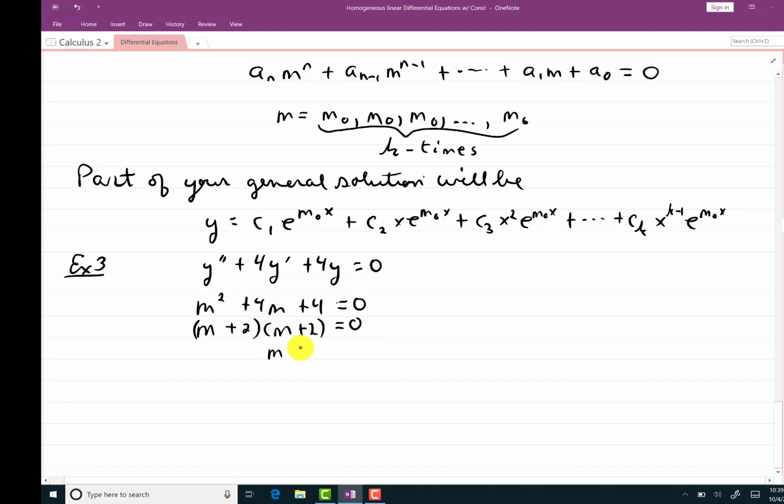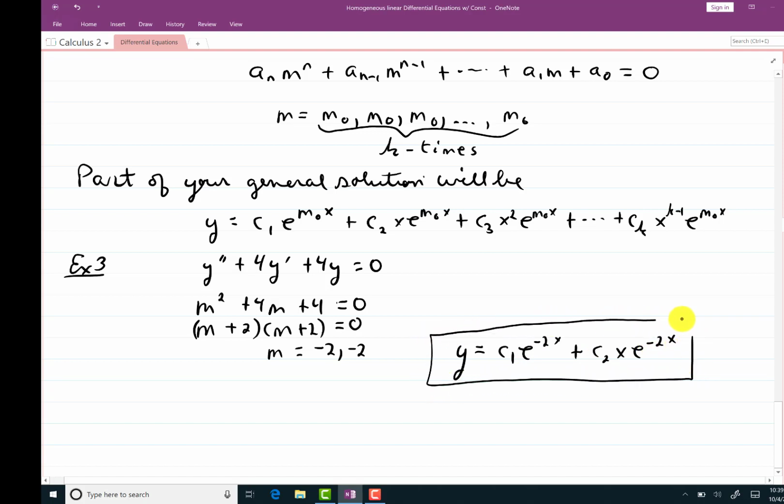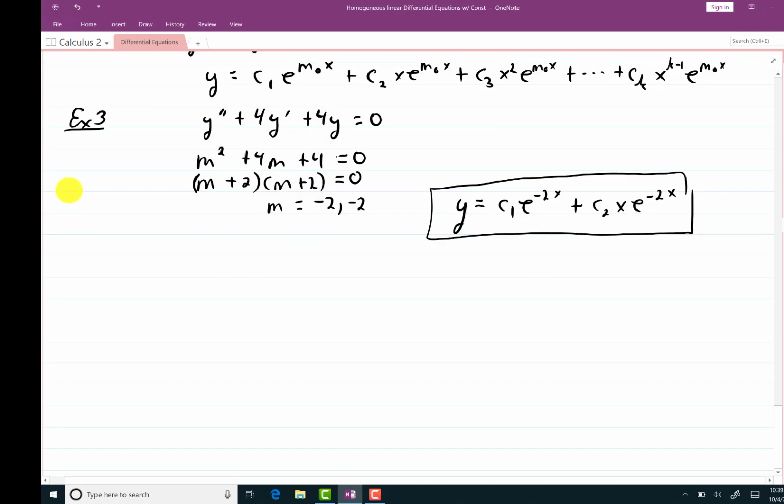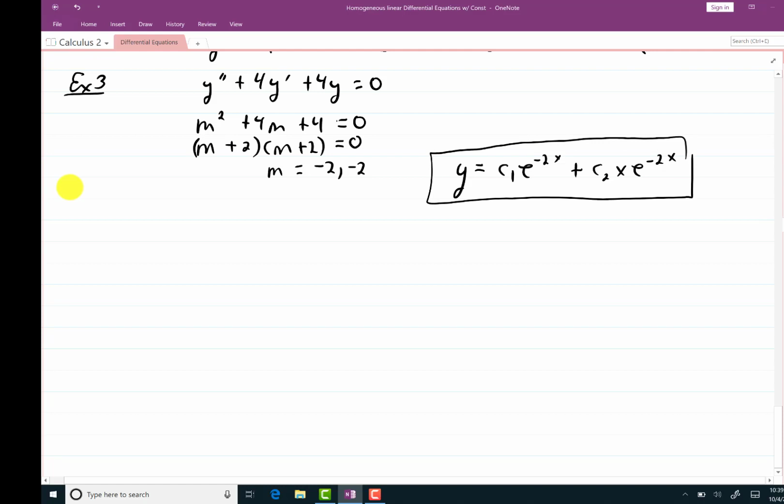And so m equals negative 2, negative 2. Therefore, my general solution is c1 e to the negative 2x plus c2 x e to the negative 2x.